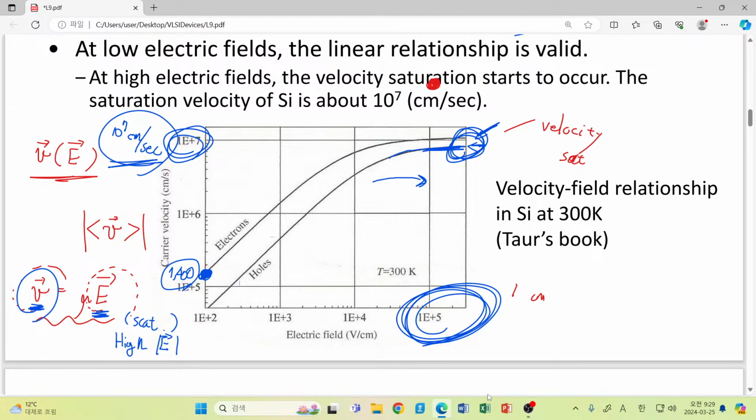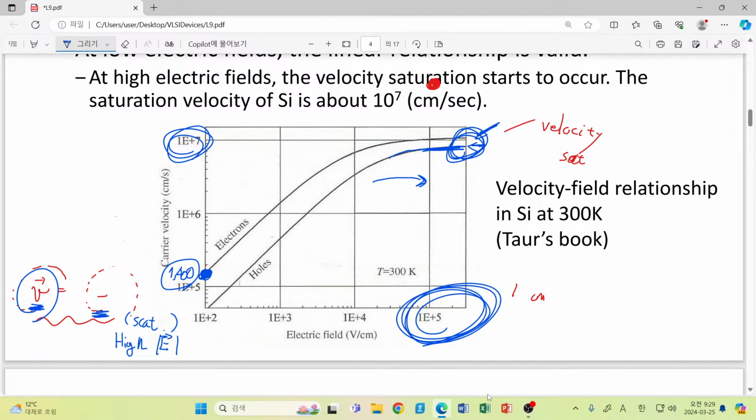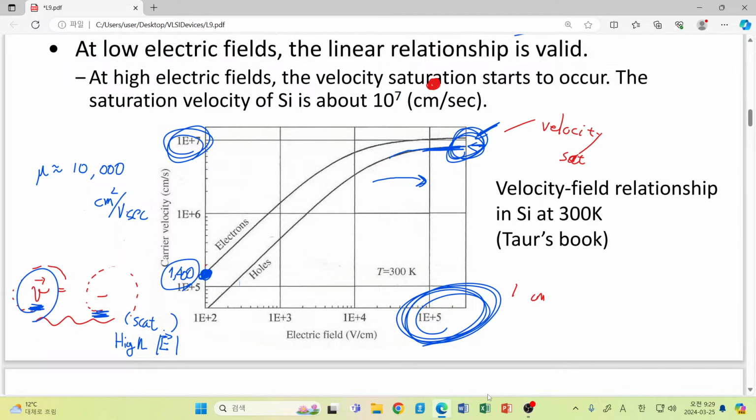Now let's assume another very good material whose mobility value is quite close to 10,000 square centimeters per volt second. Then please try to draw the velocity versus electric field relation in this graph, please.